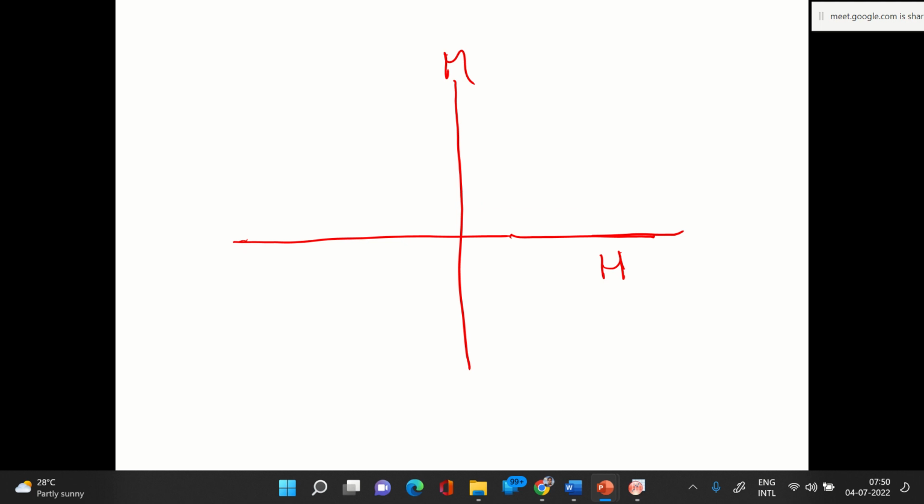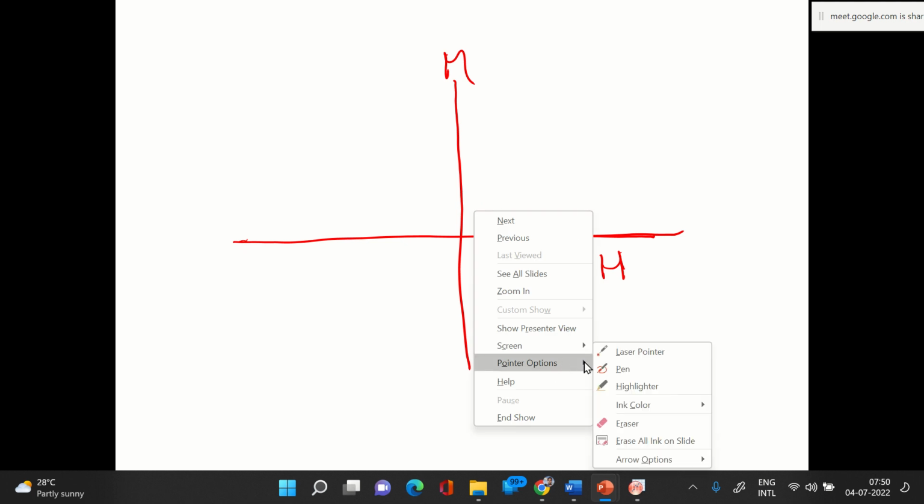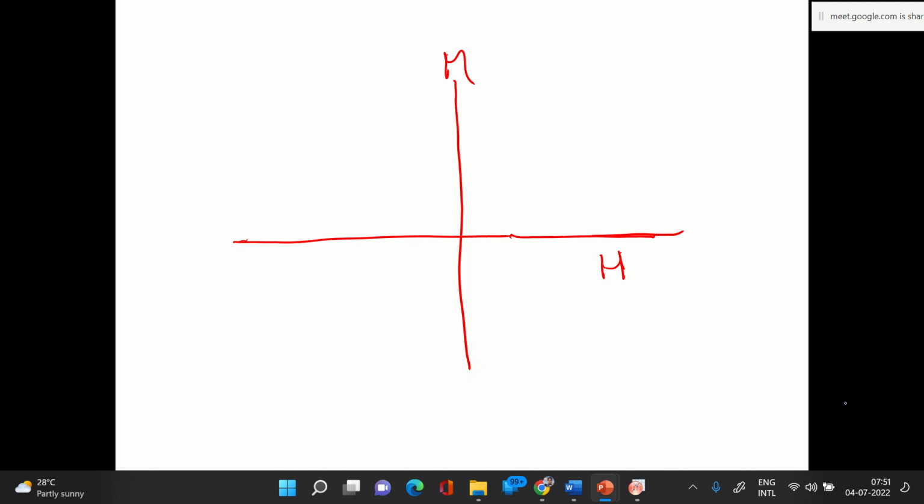Let me change the color to distinguish between the two. It will rise very quickly and then saturate, so this is called saturation magnetization.